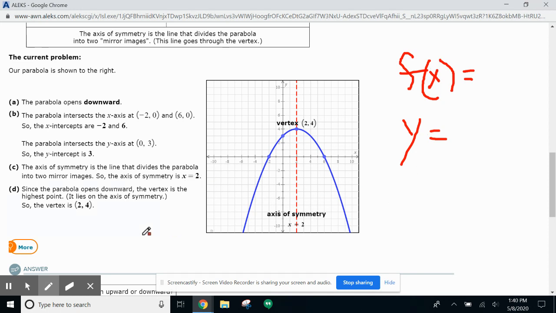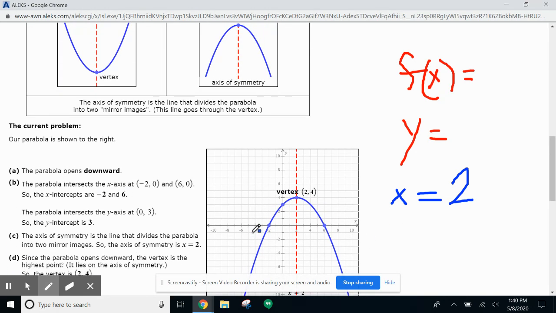But this is x equals, and they're writing it as x equals because this line, this axis of symmetry, goes vertically. It's a vertical line, and a vertical line is not a function, okay? A vertical line is not a function, so we have to write it as x equals the number. We can't write it as y equals or f of x because this is function notation, and a vertical line is not a function.